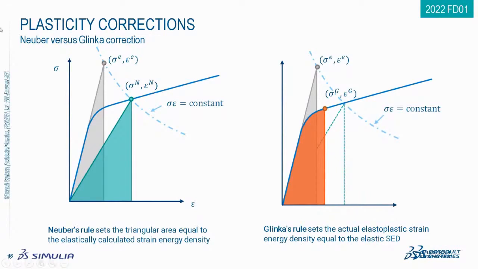So what these corrections essentially do, as a post-processing exercise, is follow some curve to essentially match the strain energy density under the triangle here in the Neuber correction. And then under Glinka's rule, it follows the area under the curve rather than a triangle. So I think it should be pretty obvious that the approximation by Glinka's rule is probably a little bit better than the approximation by the Neuber rule.